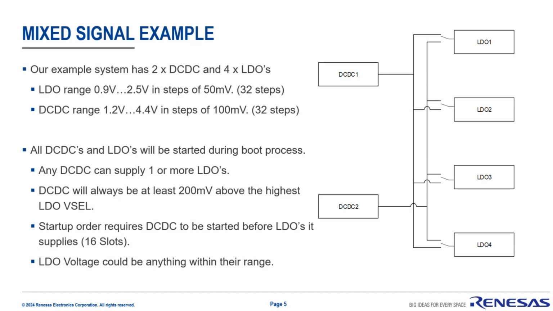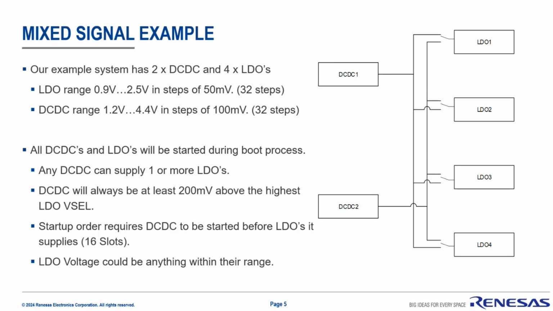We've got a 16-slot system, but we've also got a constraint such that any of these buck converters needs to be started before the LDO it's supplying is started. So there's obviously some ordering dependency on that.